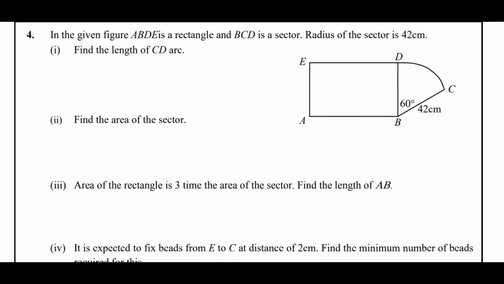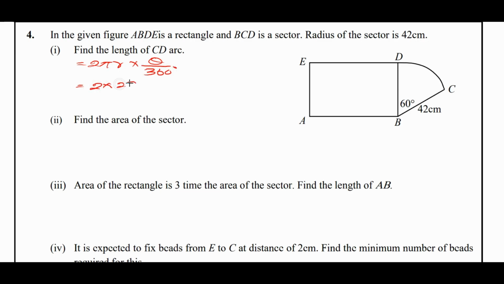Question number 4. In the given figure, ABDE is a rectangle, and BCD is a sector with the center angle 60. Radius of the sector is 42. Then find the length of CD arc. This CD arc should be equal to 2 pi r theta over 360.